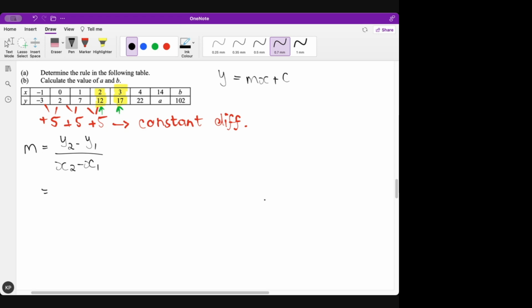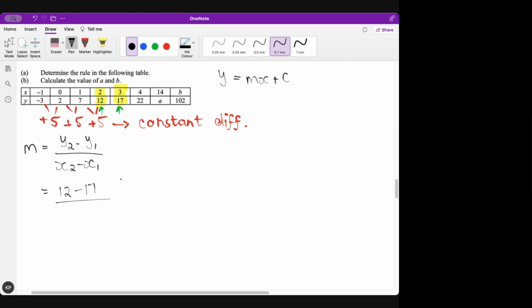Anybody? 12. Thank you, Zanandi. 12 minus, which means my y1 has to be 17, divided by x2, then has to be which one?